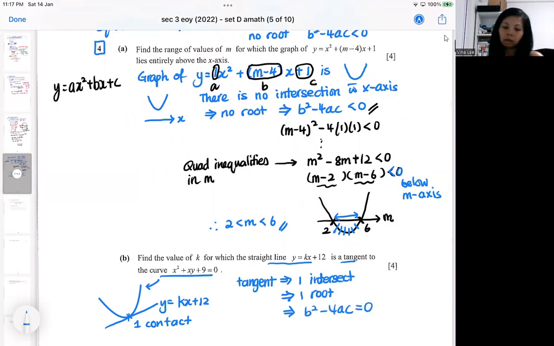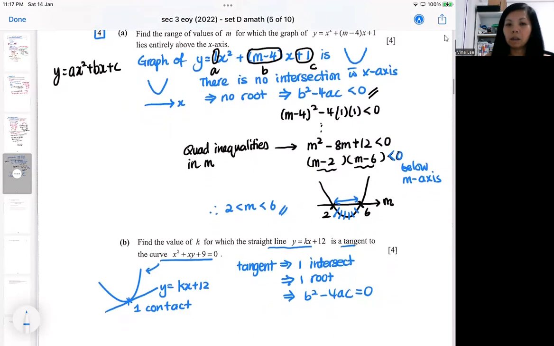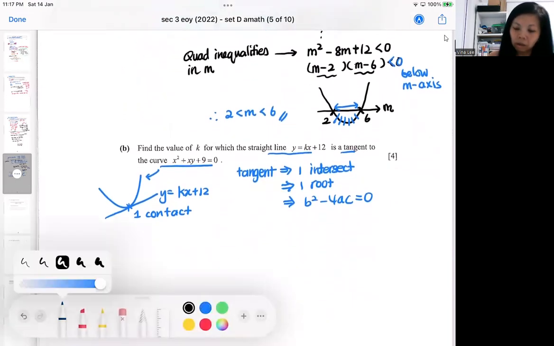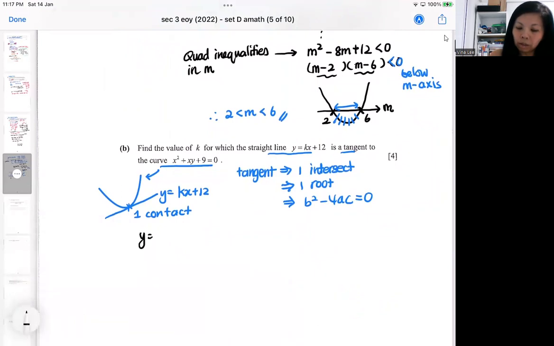So in this case, where are you going to get the ABC? There is a straight line, there is a curve. In order to get the ABC, you got to execute simultaneous equation. If you have a straight line and a curve, you will always need to do some simultaneous.